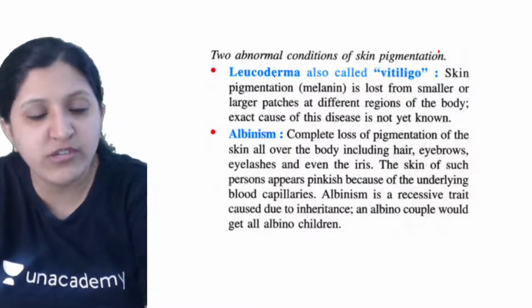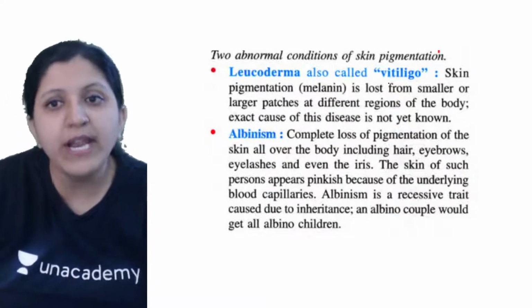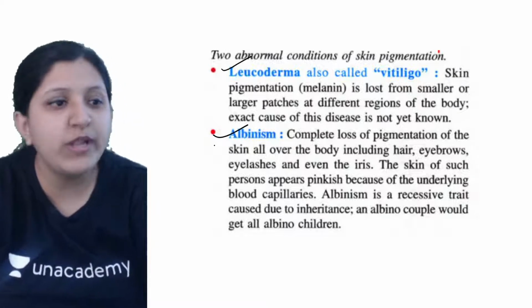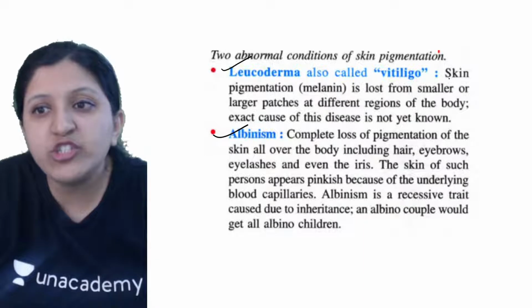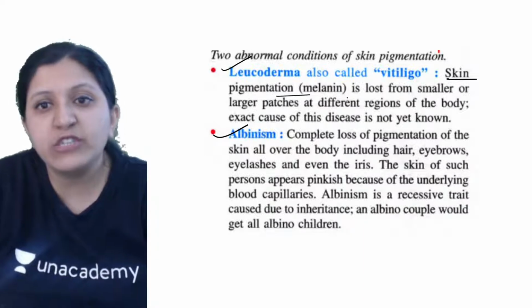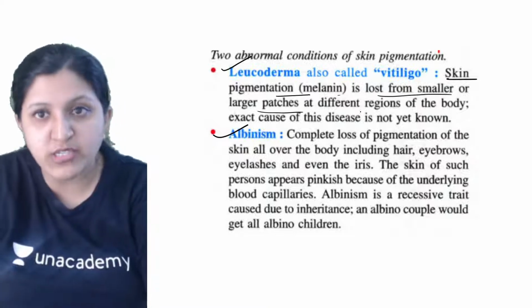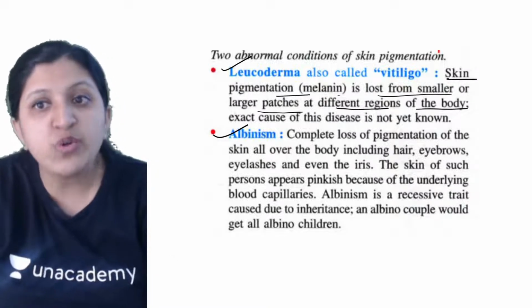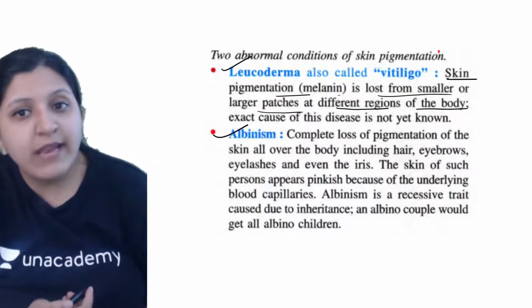I have seen sample question papers from different schools, and they have asked questions on this, so it is important. Leukoderma is when melanin is lost from smaller or larger patches at different regions of the body.